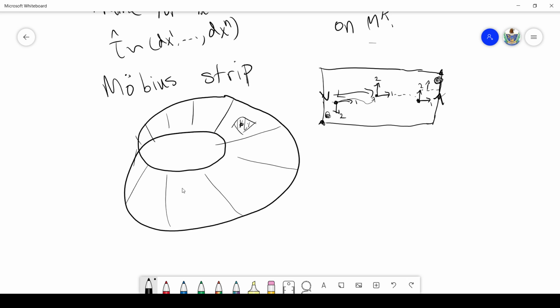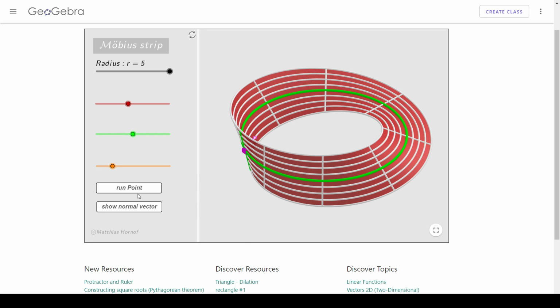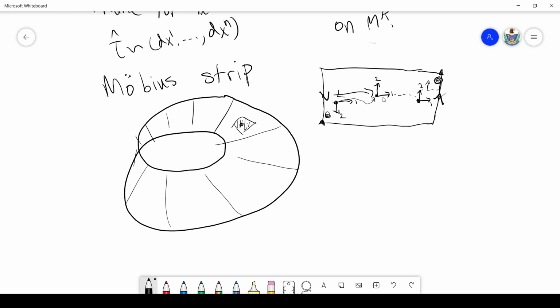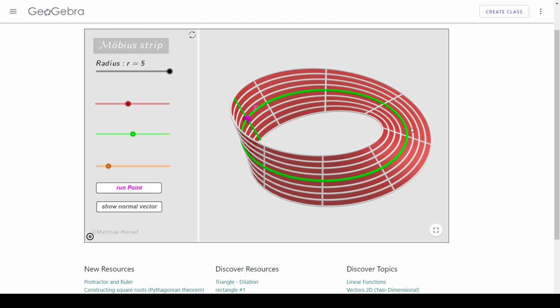And so if this explanation doesn't make sense, I've got a visual pulled up here. So here you can see this point is going around, right? And it's always traveling in the same direction along this green circle, right? And that's similar to how in this picture the one direction never changed. But here, if you focus on, let's say, where my cursor is, actually I don't know if my cursor shows up in the recording, but essentially look at the green line passing through the purple point.